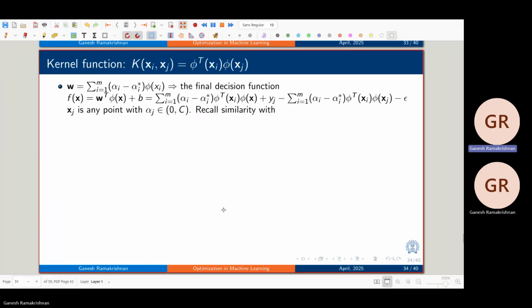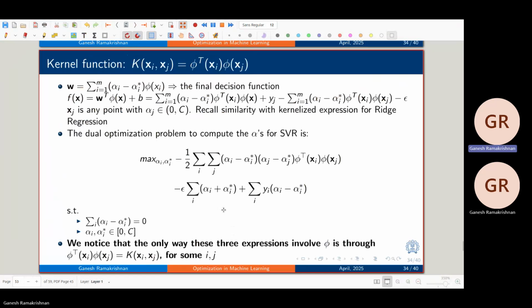You will find that W is in this dot product form, F is in this dot product form. So this is the kernelized expression. So you have a dual problem which is just in terms of dot products. So now you can invoke a nonlinear kernel and solve the problem. In fact, even if the phi's are infinite dimensional, in the case of polynomial kernel, your dual solution is very much more efficient. You don't have to get into an infinite dimensional W.